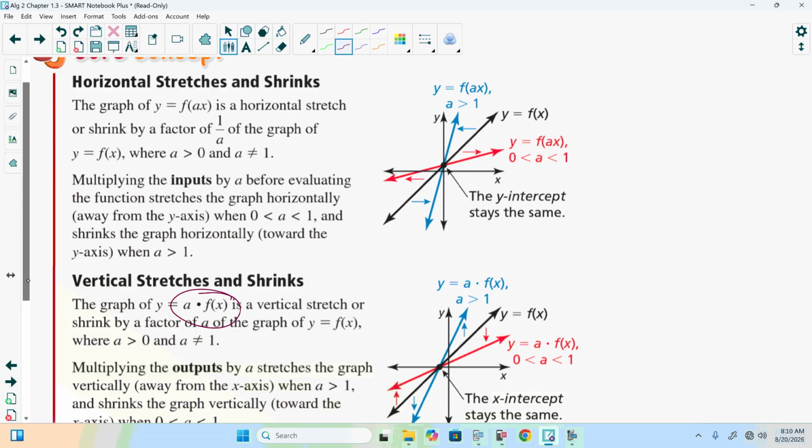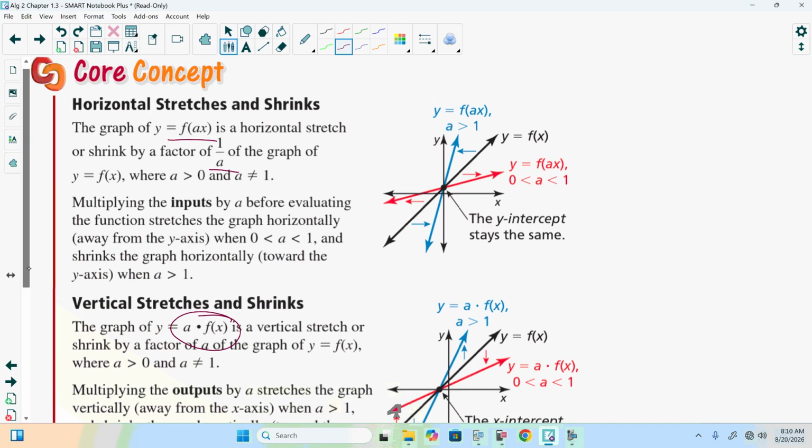Because the graph of y equals f of ax is a horizontal stretch or shrink by a factor of 1 over a of the graph of f of x. So when we put it in, we've got to flip it. Opposite of what we think.